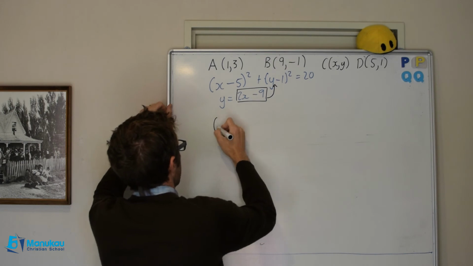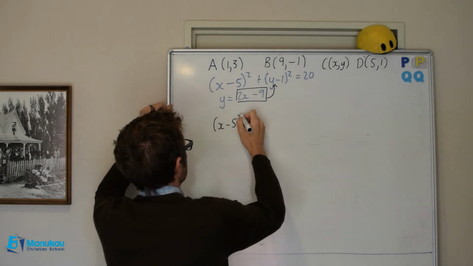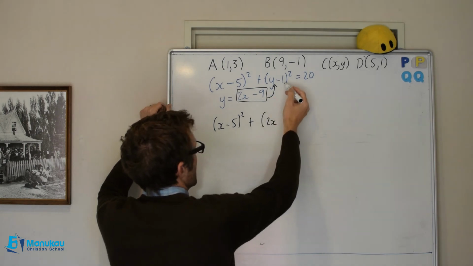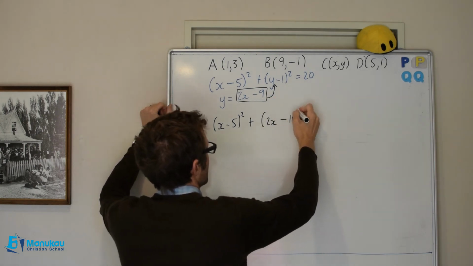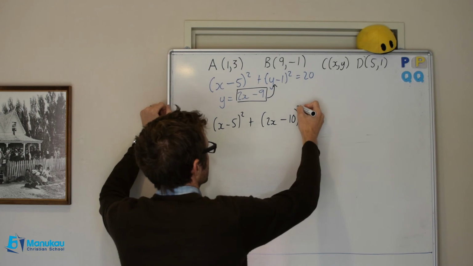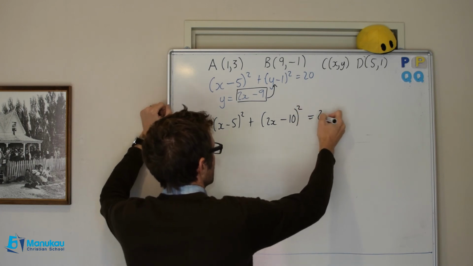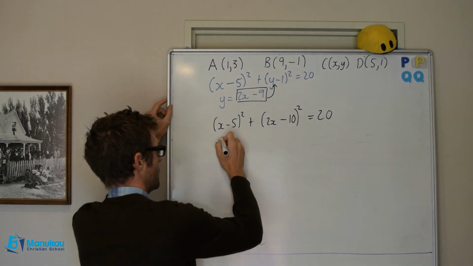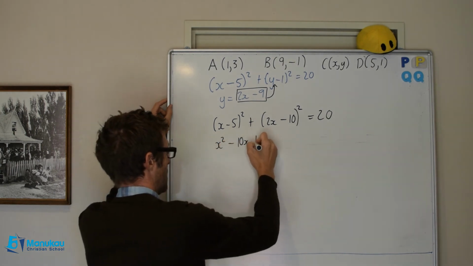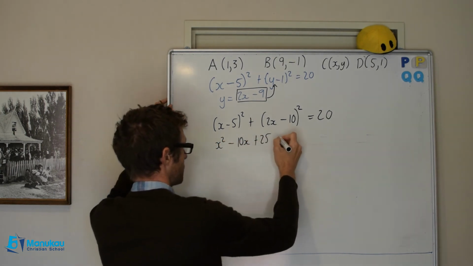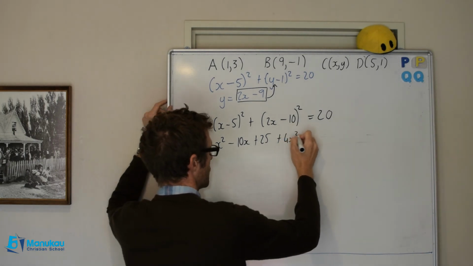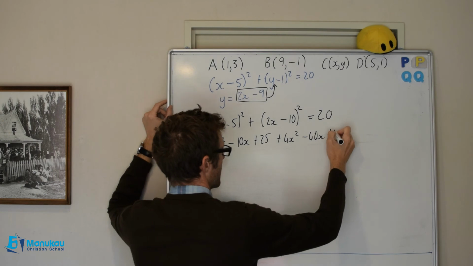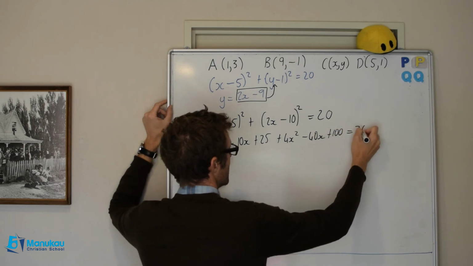So I'm going to have (x minus 5) all squared plus (2x minus 9 minus 1, which is minus 10) all squared. And now we're going to expand. So x squared minus 10x plus 25 plus 4x squared minus 40x plus 100 is equal to 20.